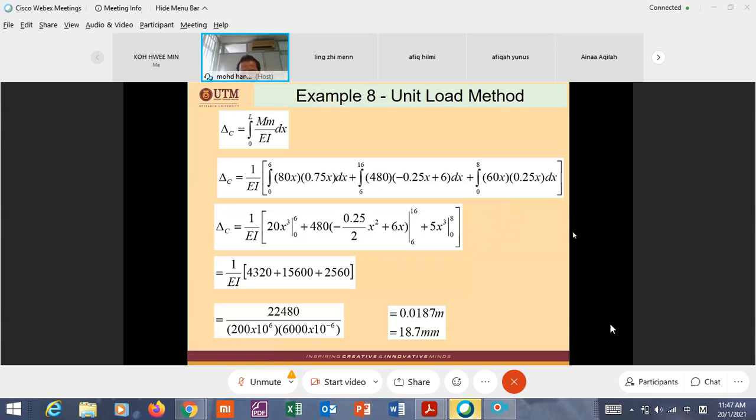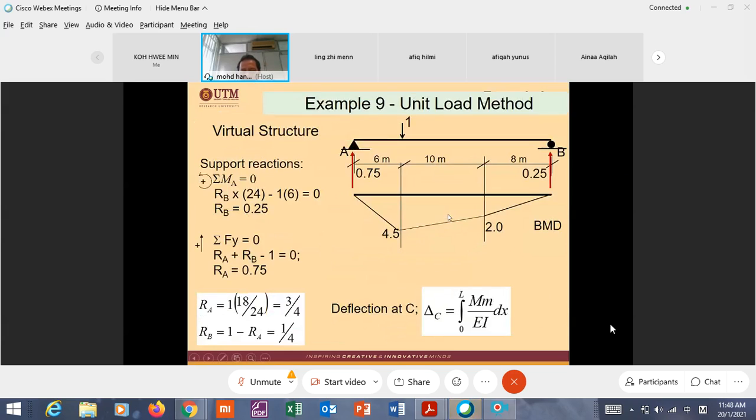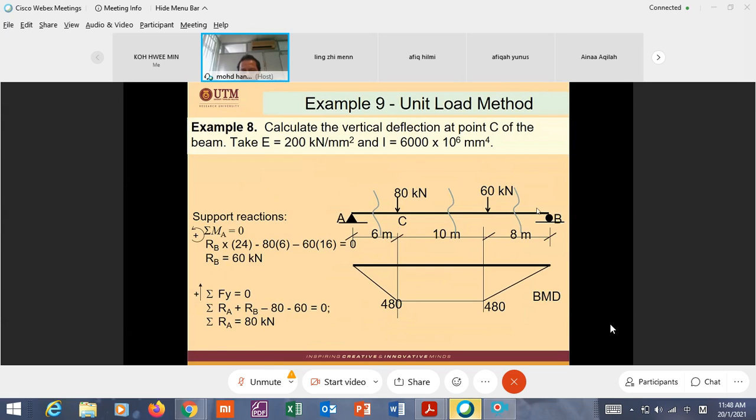Okay, and you solve the equation, and you get 0.0187 meter, or 18.7 millimeter deflection.